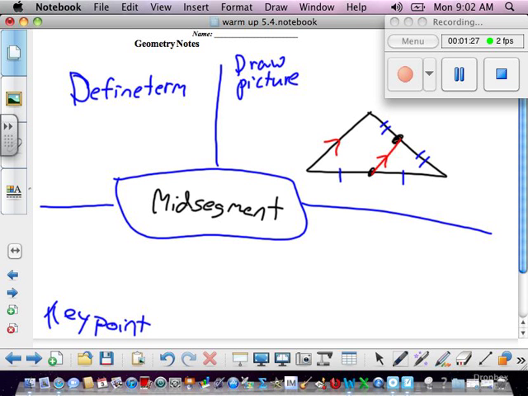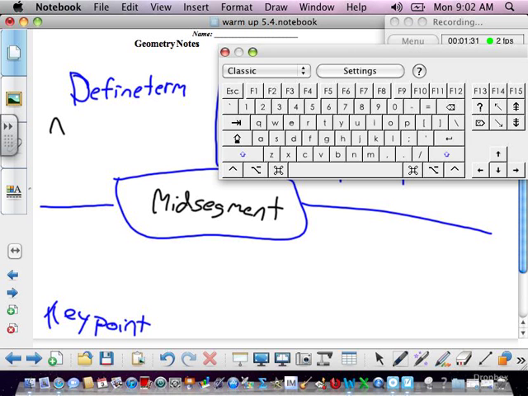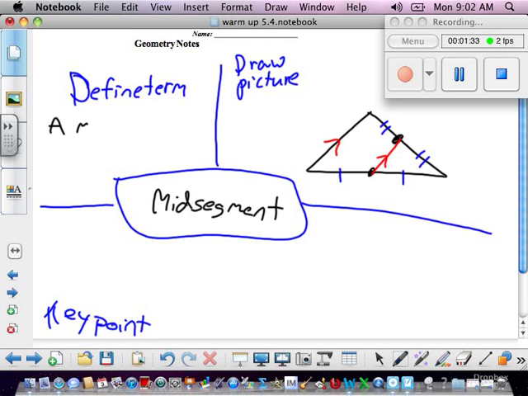I am going to go over here to the definition, and I'm going to say, a mid-segment is two midpoints connected in a triangle.